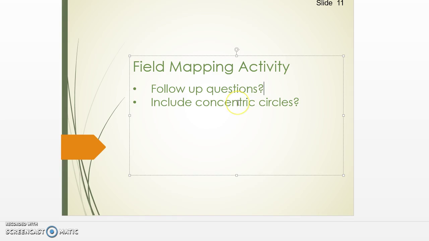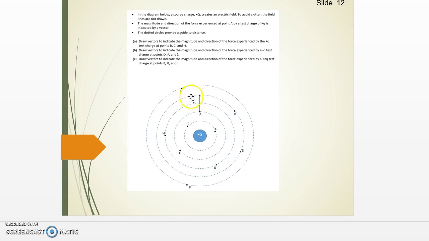The other thought that I had about this activity was that I've got something slightly similar that I do myself, and one of the things that I do is I put concentric circles around the center charge.